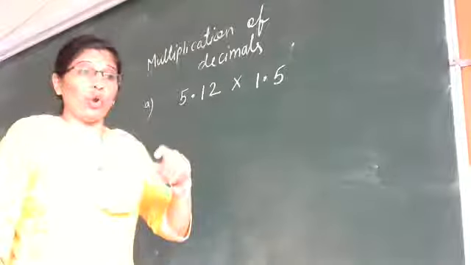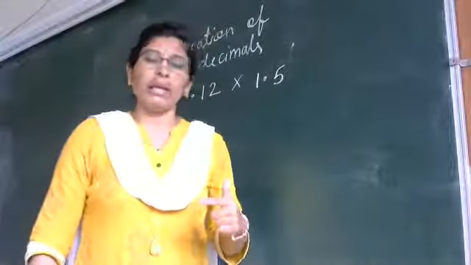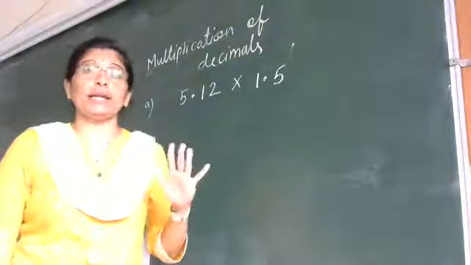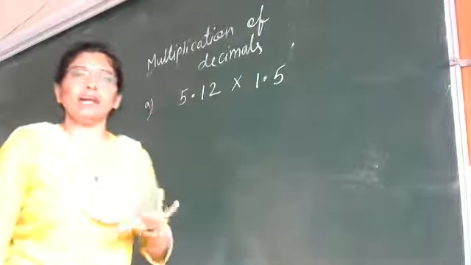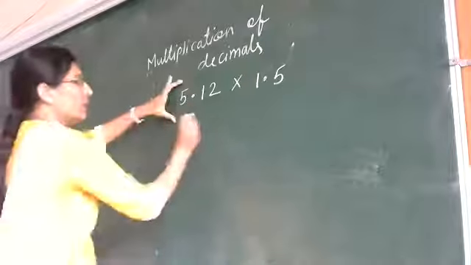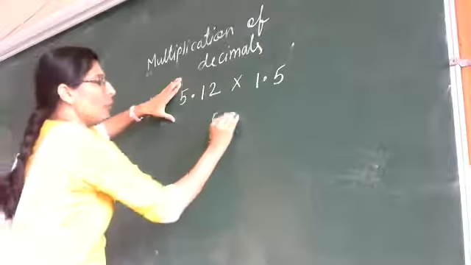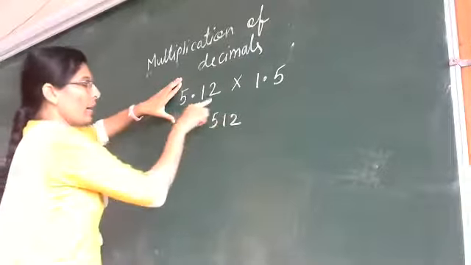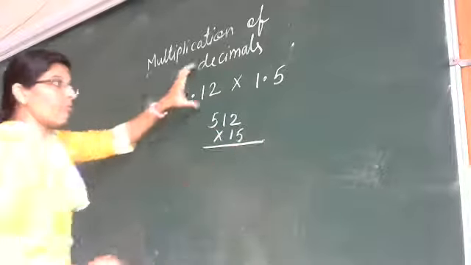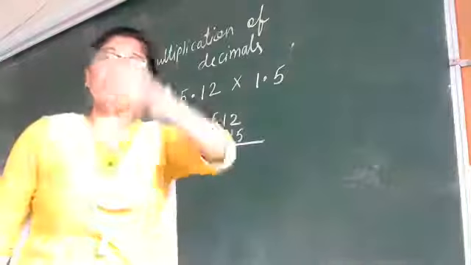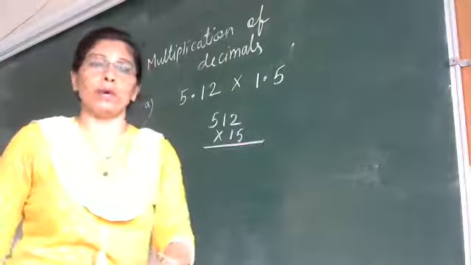Same method we have to follow. When we are multiplying, we do not take the decimal point. We take only the numbers and multiply. Now see here, this is 512 multiplied with 15. First we have to multiply, afterwards we put the decimal point.